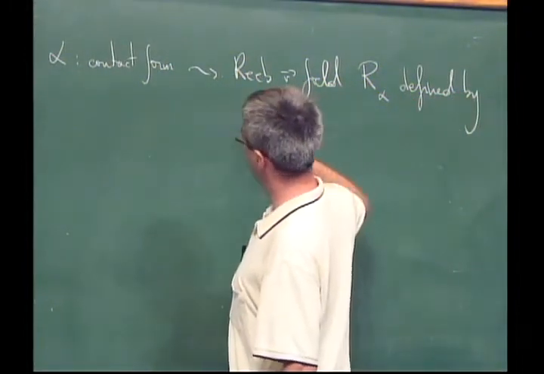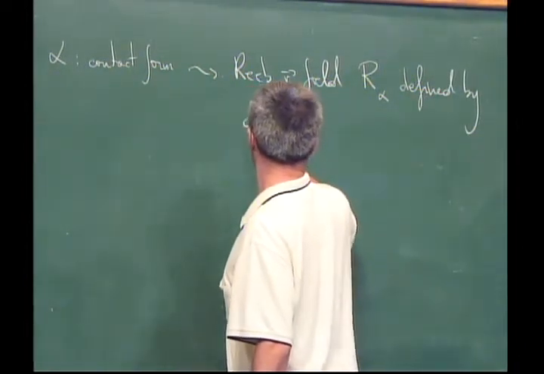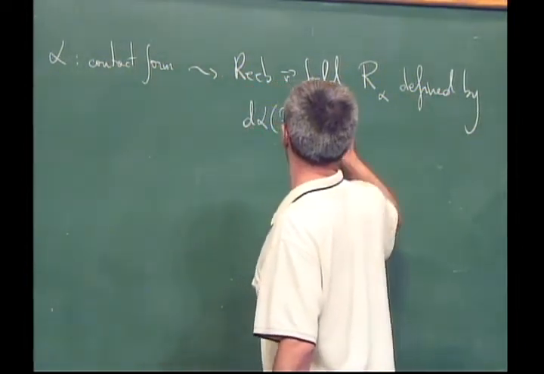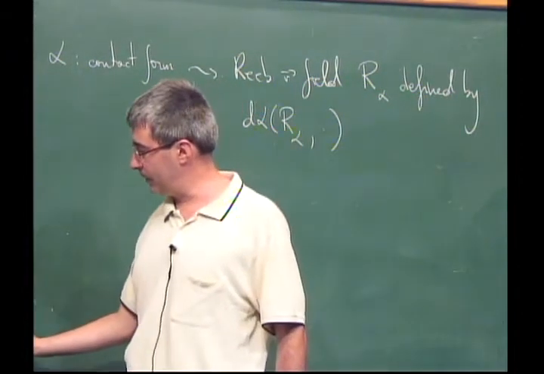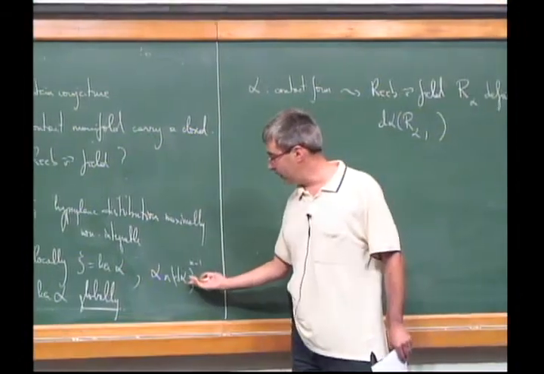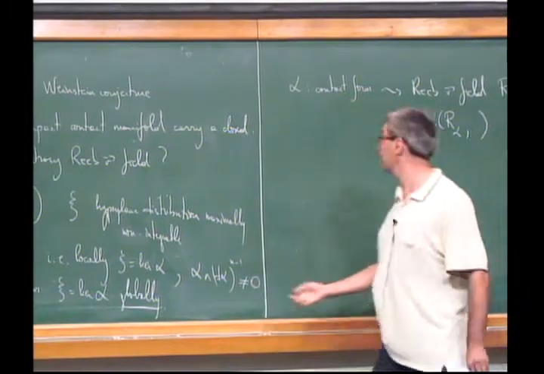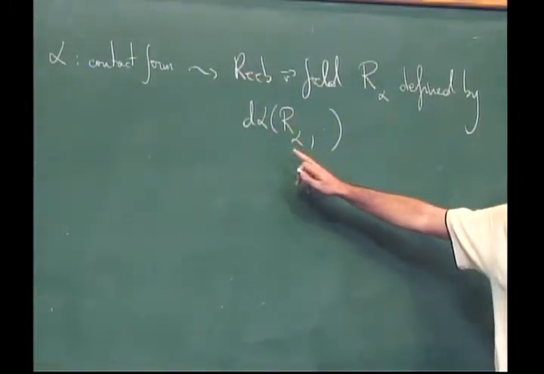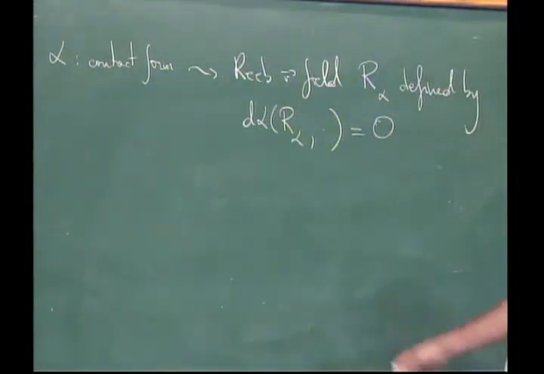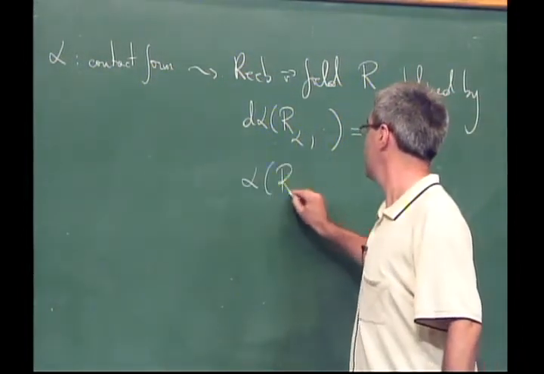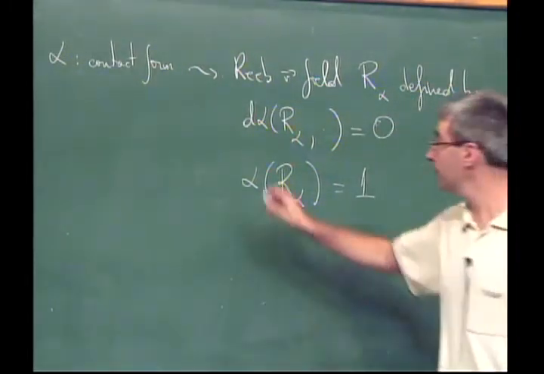First of all, d alpha is going to be non-degenerate on Xi, and it's going to have a one-dimensional kernel. And we want this to be the generator of that one-dimensional kernel. And then we normalize that by the condition that alpha evaluates to 1 on R alpha. Okay?